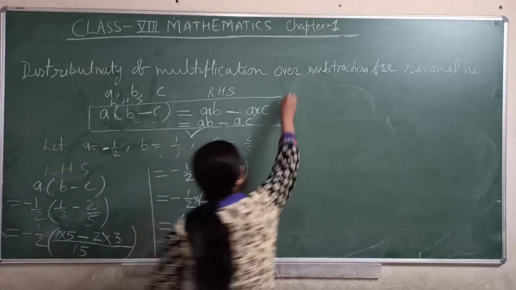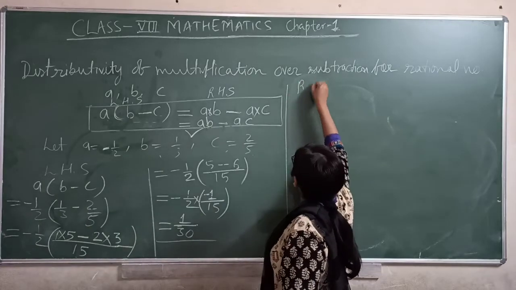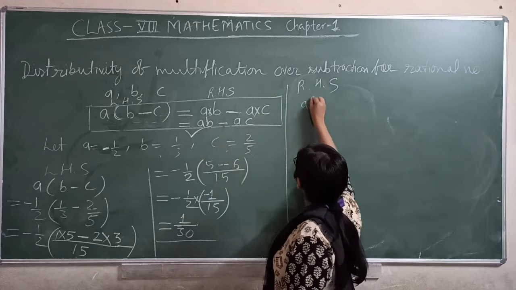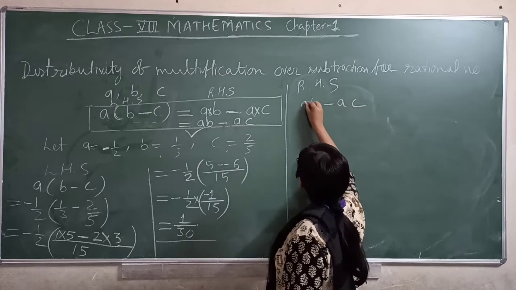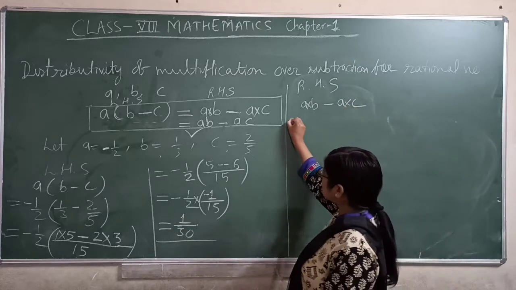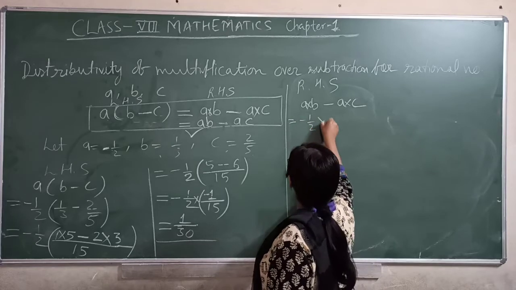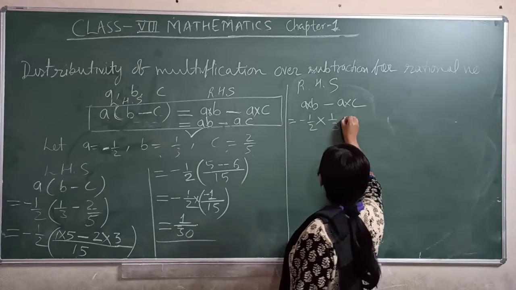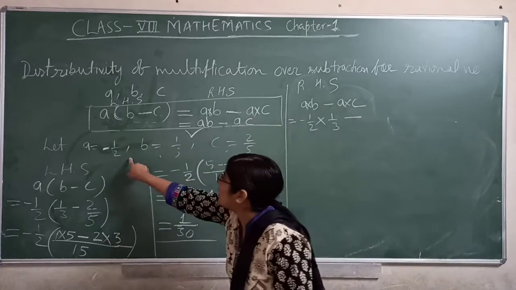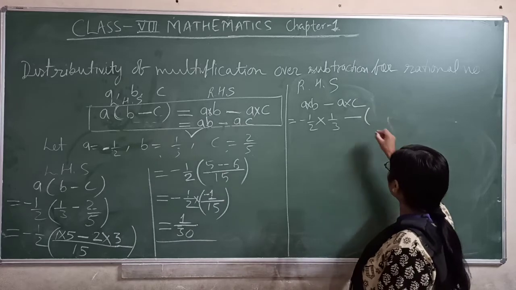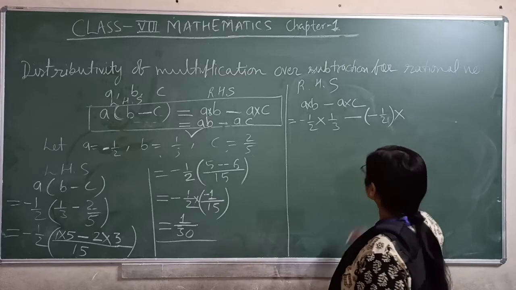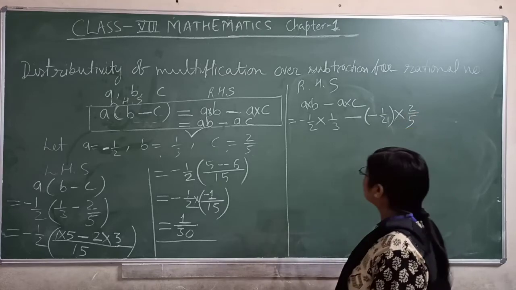Now check for right hand side. Right hand side. What in right hand side? AB minus AC. AB means A into B, AC means A into C. Putting value, A is minus 1 upon 2 and B is 1 by 3. Again minus. This is minus and A also minus. So we will put bracket minus 1 upon 2 into C, 2 upon 5.